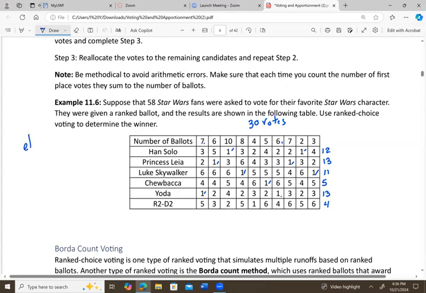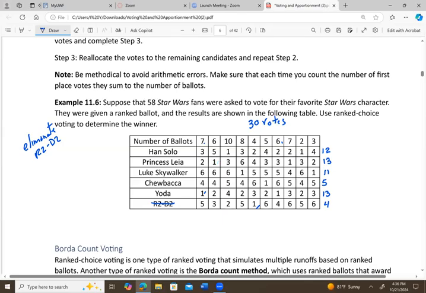So we eliminate R2-D2. When I eliminate R2-D2, his first place votes go to whoever was in second place. So let's erase this so I don't get confused.